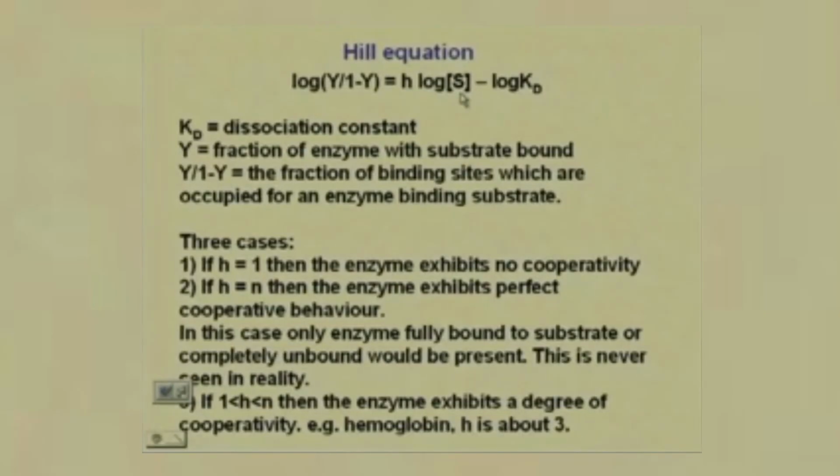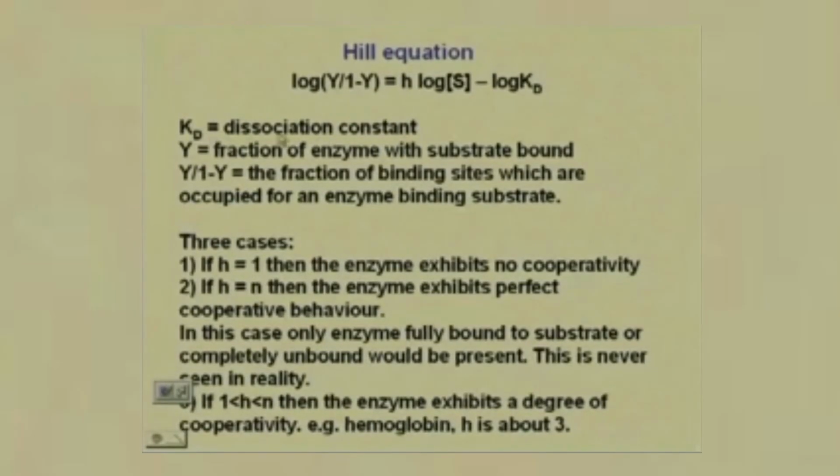S is the substrate concentration, which in this case is going to be oxygen, minus log Kd. Actually, you can work it out from the previous expression that we had for the Y. You can try and work that out. It is just the previous expression worked out and written in this fashion that has a specific name to it, called the Hill equation. In the expression, Y divided by 1 minus Y is the fraction of binding sites which are occupied.